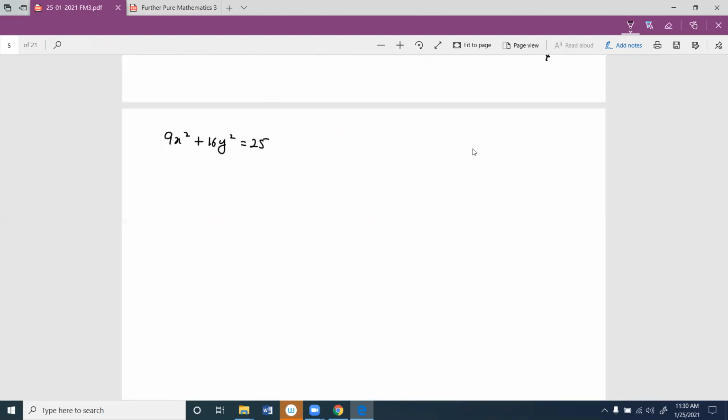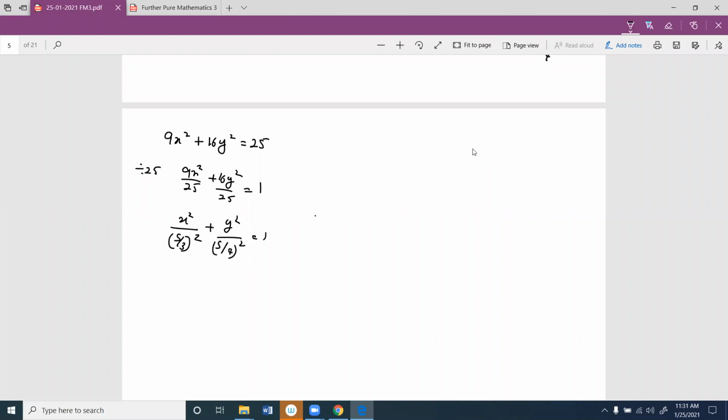So you need to divide everything by 25 to get the equation in parametric format. So you can say 9x squared over 25 plus 16y squared over 25 is equal to 1. So it turns into x squared over (5 over 3) squared plus y squared over (5 over 4) squared is equal to 1.